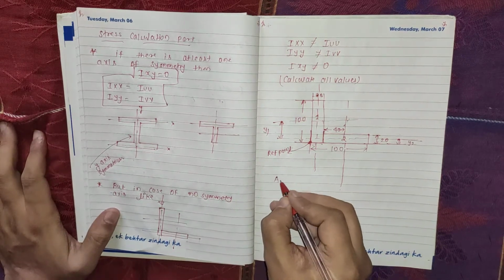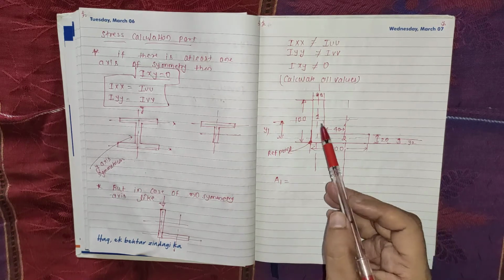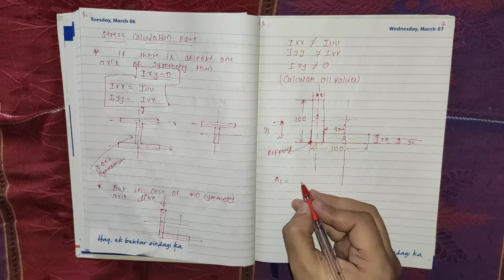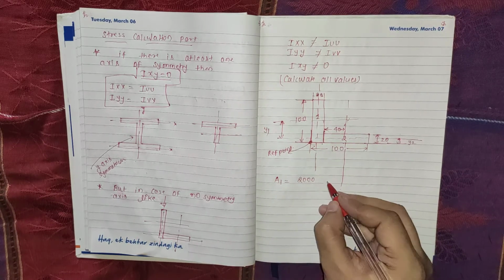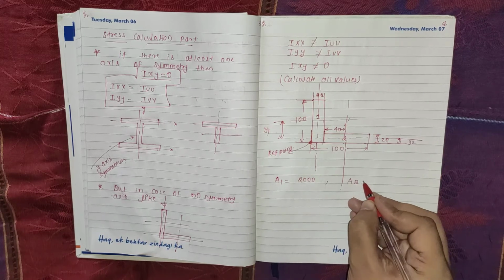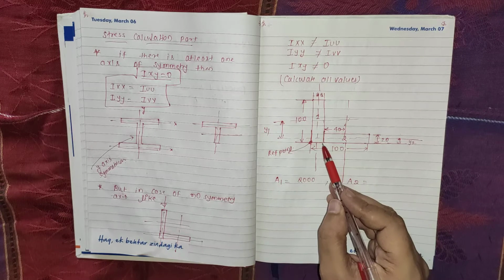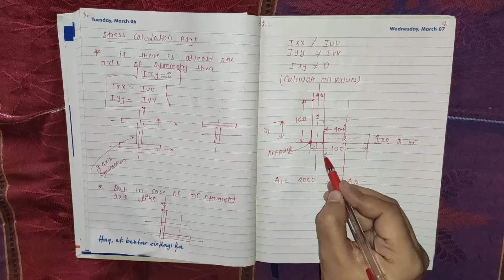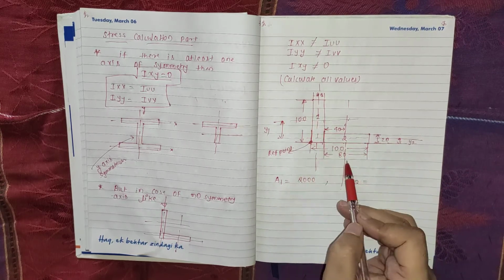Calculate the value of area 1. For this rectangular part, area 1 is 100 into 20, which becomes 2000. What is the value of area 2? This value becomes 80: this is 100, this is 20, so this becomes 80.